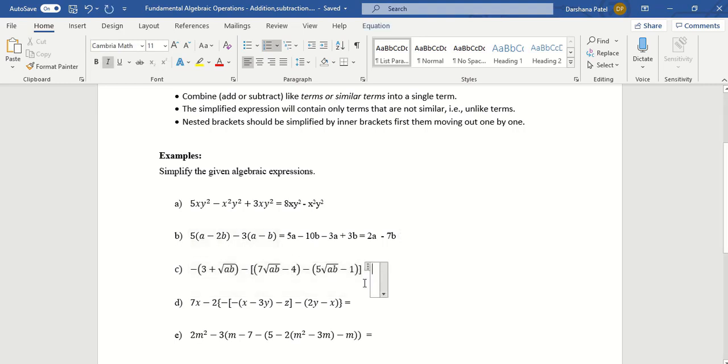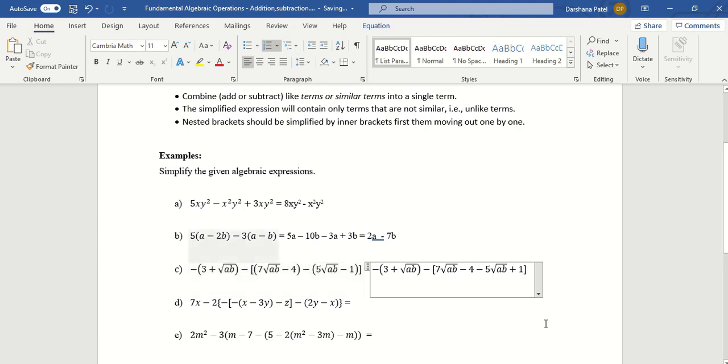So I'll keep the first part as it is. I'll say negative bracket 3 plus root ab, which will remain the same, minus 7 root ab, so we'll take out the bracket, minus 4 minus 5 root ab plus 1, and bracket complete.